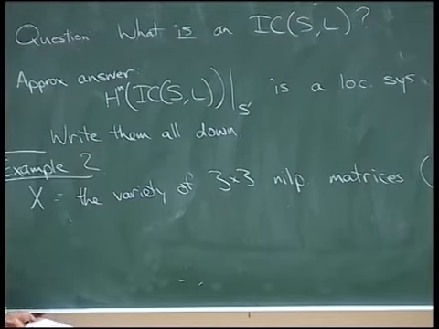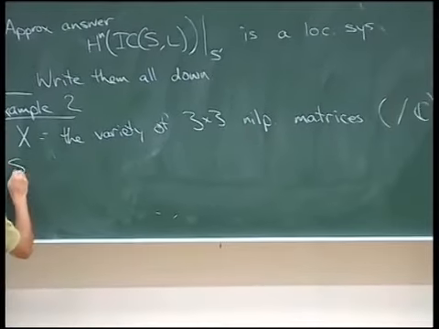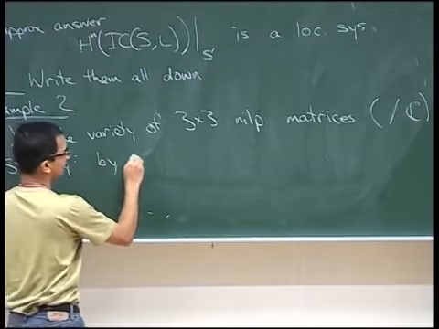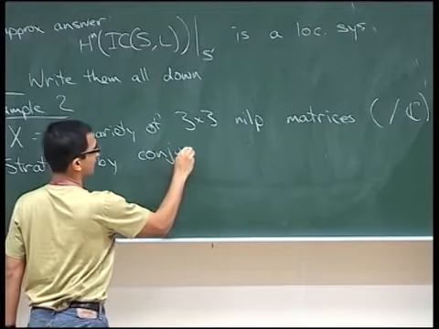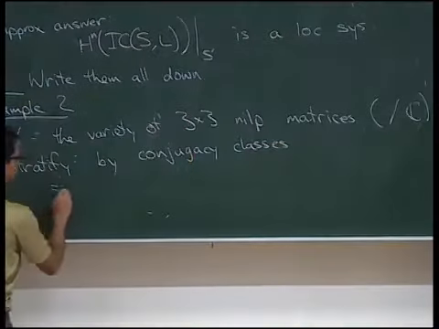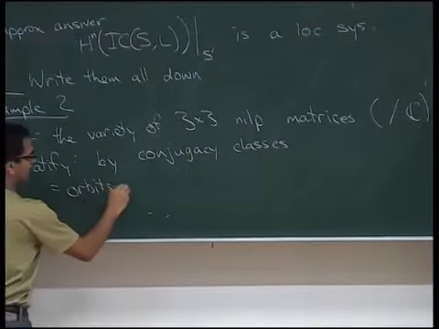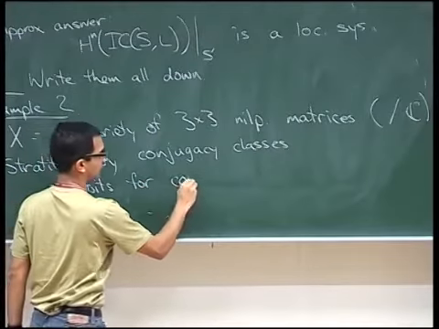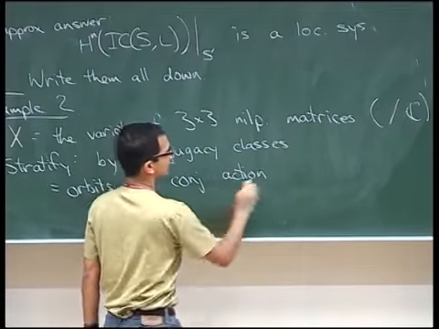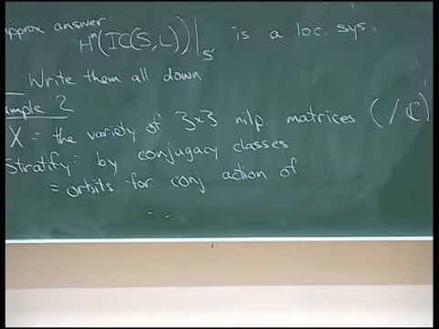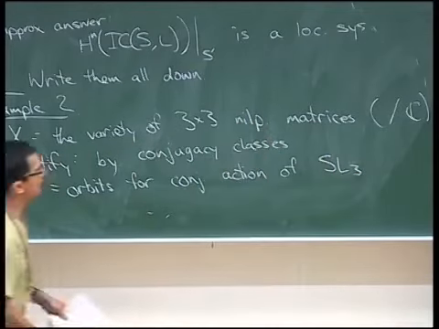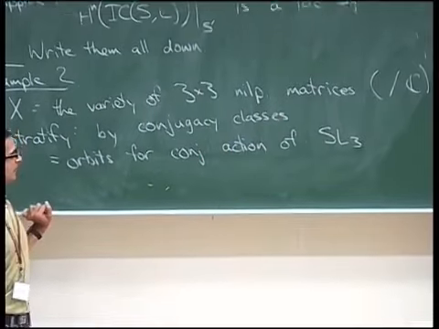And I'm going to stratify by conjugacy classes, or equivalently, orbits for the conjugation action of, well, maybe I'll use SL3. You could do GL3 instead, but maybe I'll use SL3.